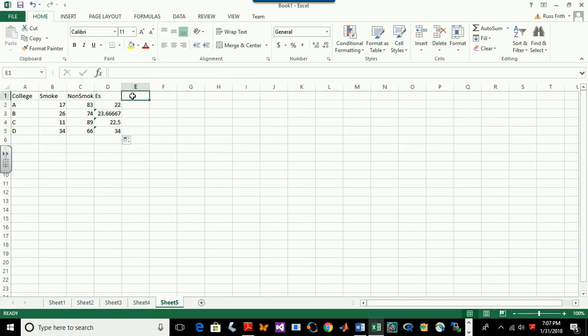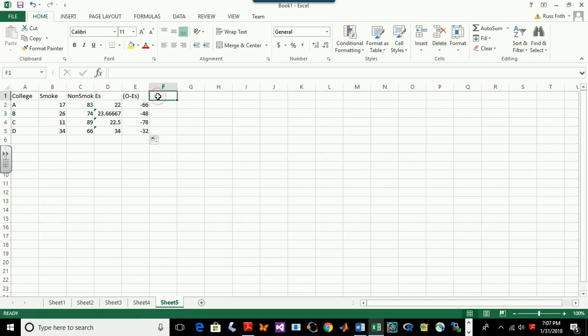What do we need? We need O minus E, observed minus expected. So that would equal this number minus that number. Then we need O minus E squared, so that number squared.